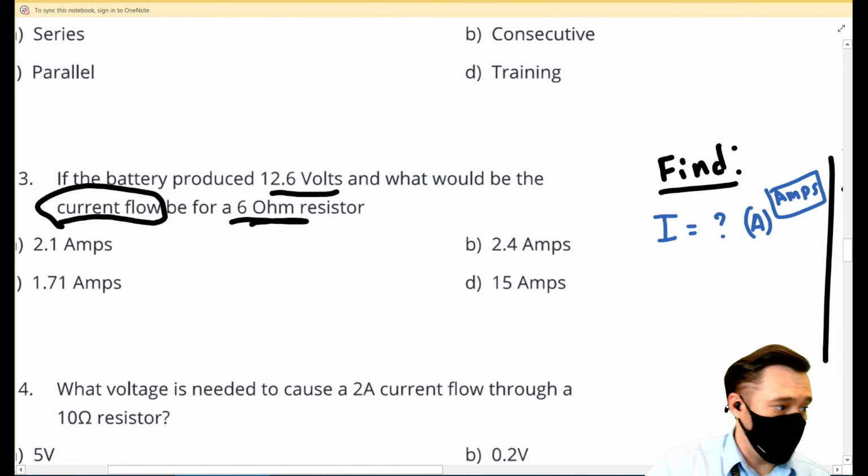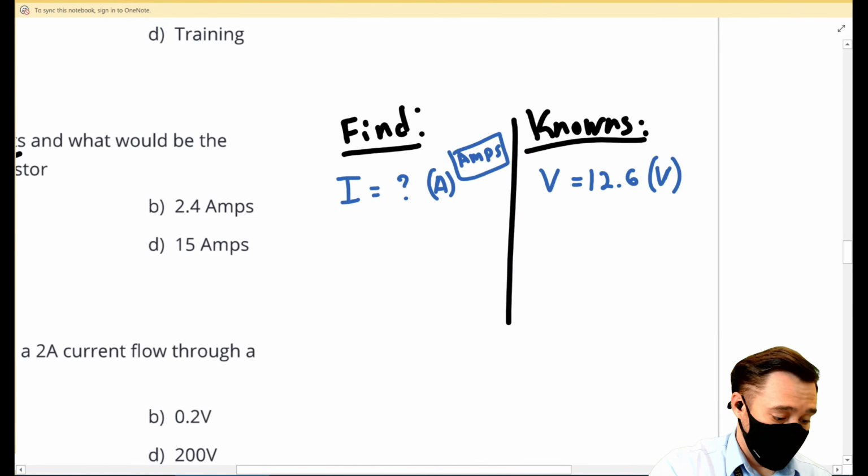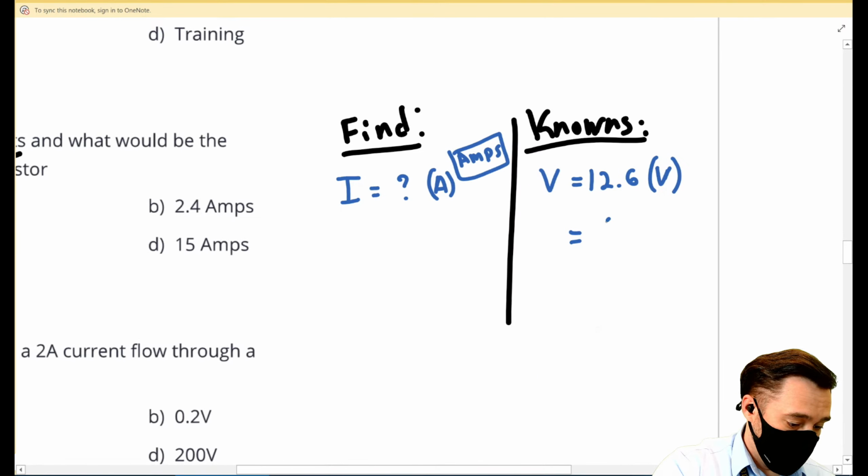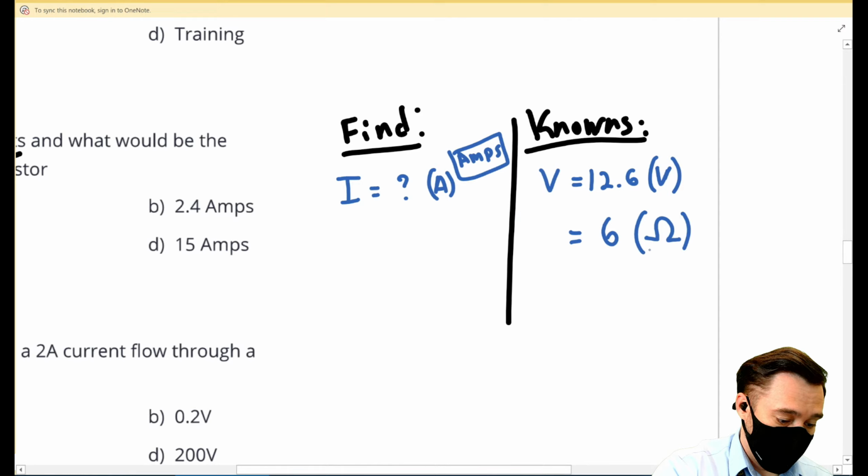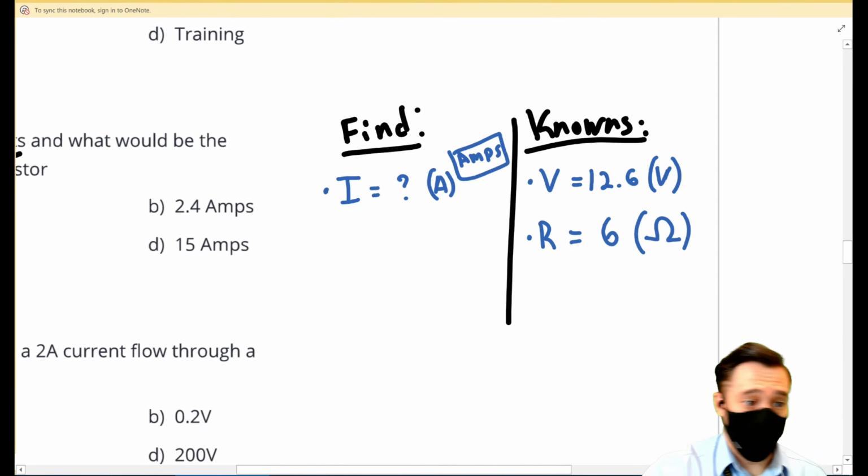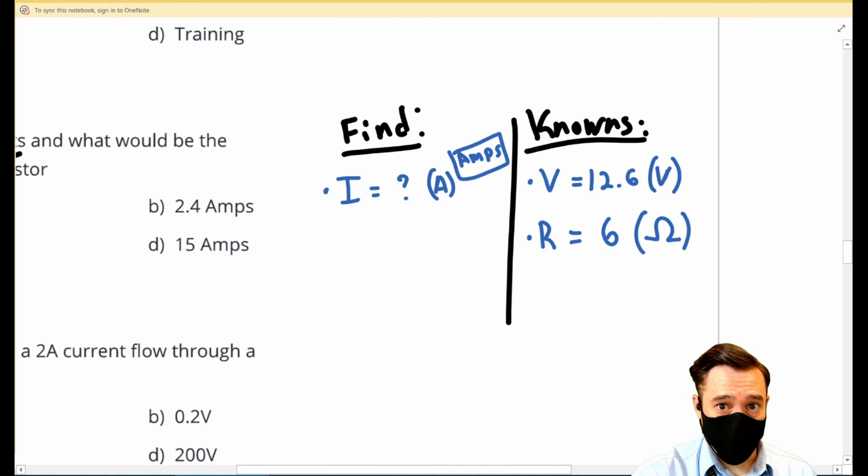Ohms is the unit for resistance. So 6, and the symbol for ohms is the Greek symbol omega. And this is resistance. So we have 2 knowns and we have 1 unknown. Are we tracking so far?